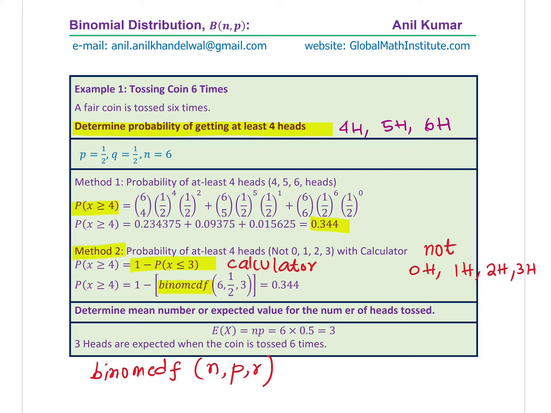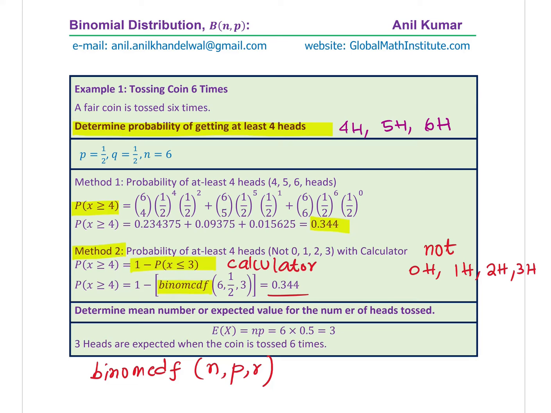So that is how you could use the cumulative function to find this value. So 1 minus, and then you get the result, which is this. You could also do as we did in method number 1, finding those values. So 1 minus sum of 0, 1, 2, or 3 heads, correct? So you get your answer. So it is just to give you the variety.